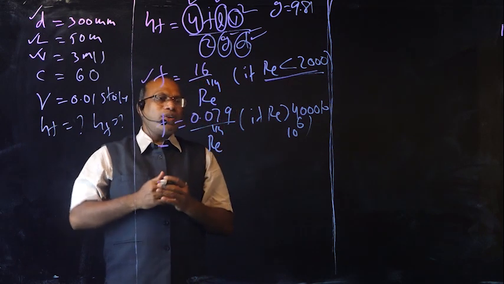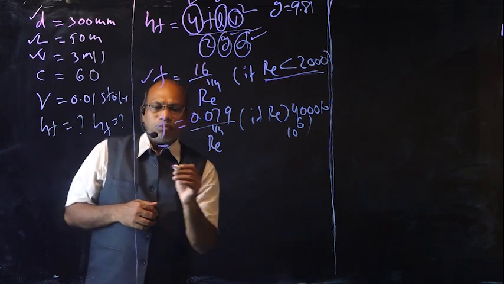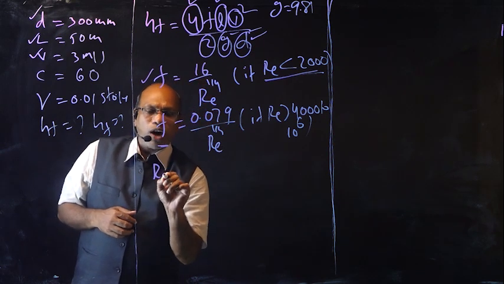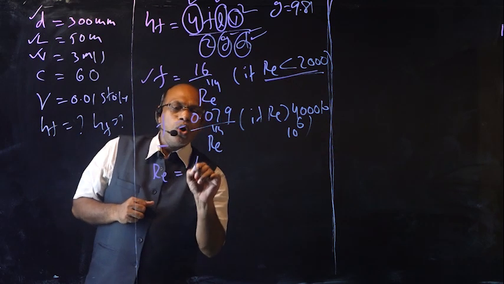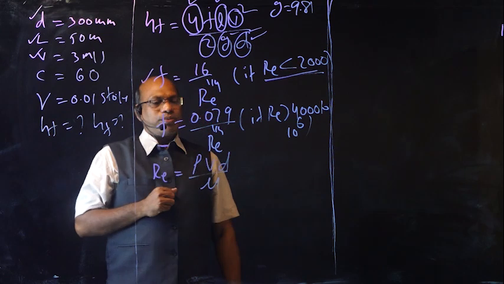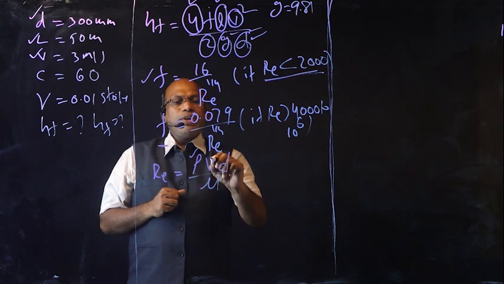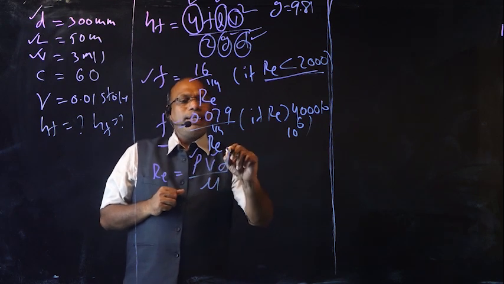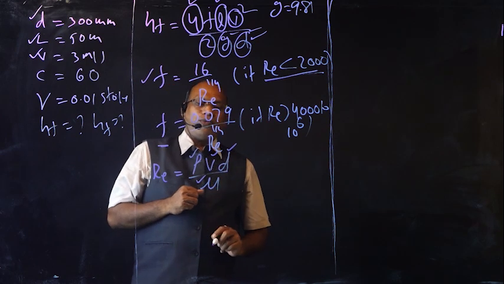For that, first we are going to determine the Reynolds number. We know the Reynolds number formula, Re is equal to rho VD by mu. Here rho is the density of the water, V is the velocity of flow, D is the diameter of the pipeline, mu is the viscosity of the fluid.